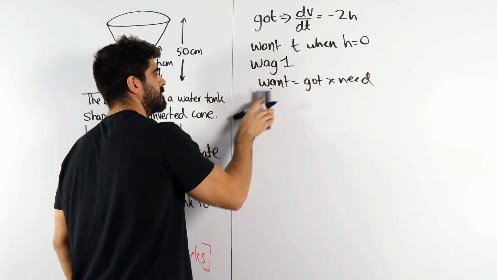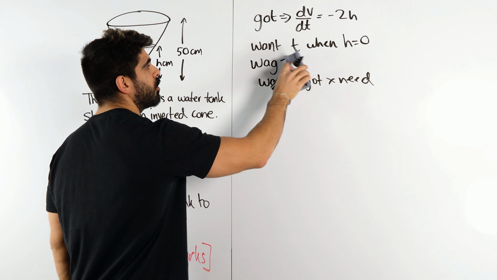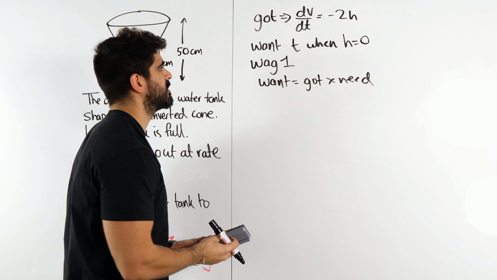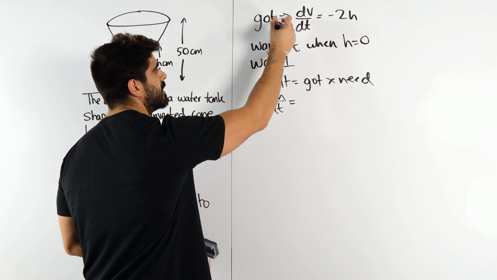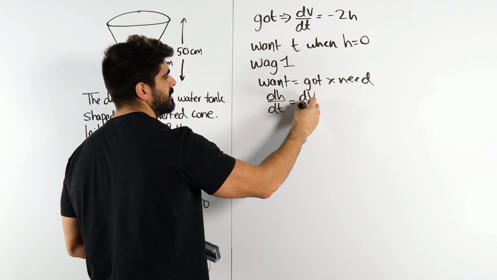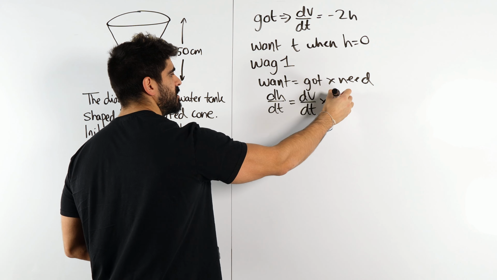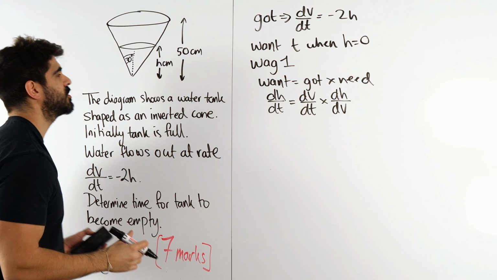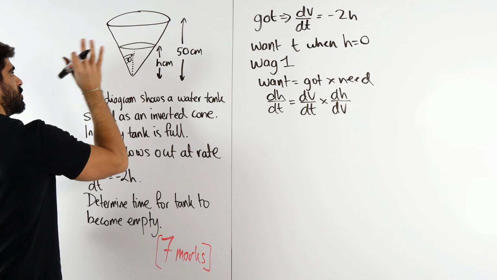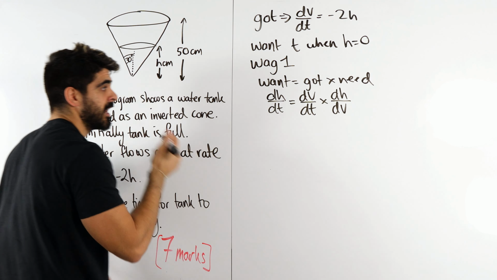I don't want that, that's what we've got. We want a relationship between h and t. So it's like before, we want dh dt. They all follow a very common theme. We have got dV by dt, so we need dh by dV. So we somehow need to find a relationship between the volume of liquid inside this cone and the height.